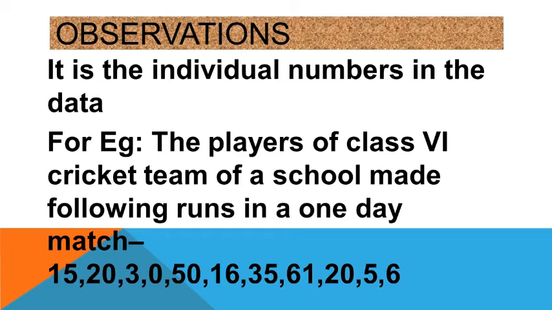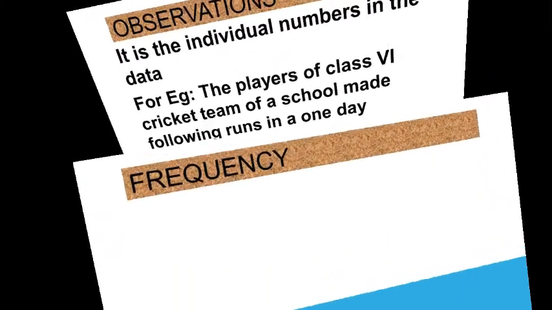Each and every number written is your observation. They all together are forming a data. Hence, we can say that each and every item or each and every number in the data is called the observation of the data.